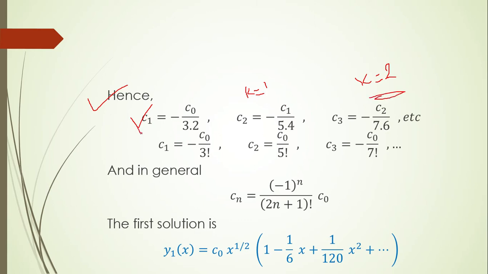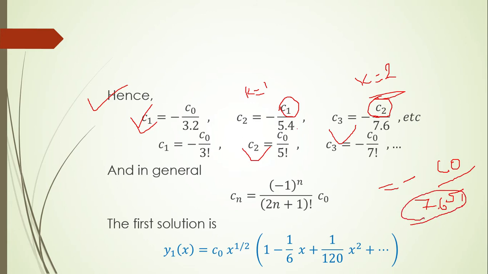Now the value of c1 is minus c0 upon 3 into 2, so c2 is c0 upon 5 into 4 into 3 into 2 into 1, which is 5 factorial, and minus minus gives plus. Putting the value of c2, c3 is minus c0 upon 5 factorial into 7 into 6, which is 7 factorial.